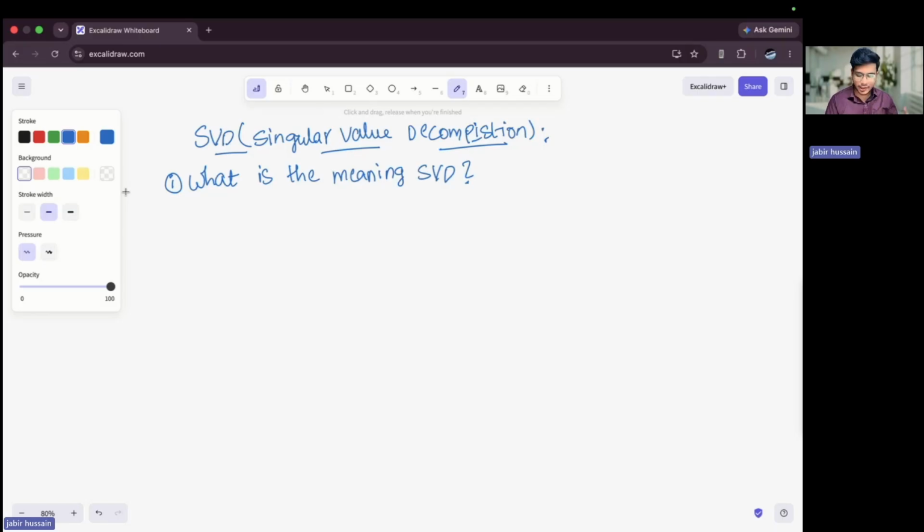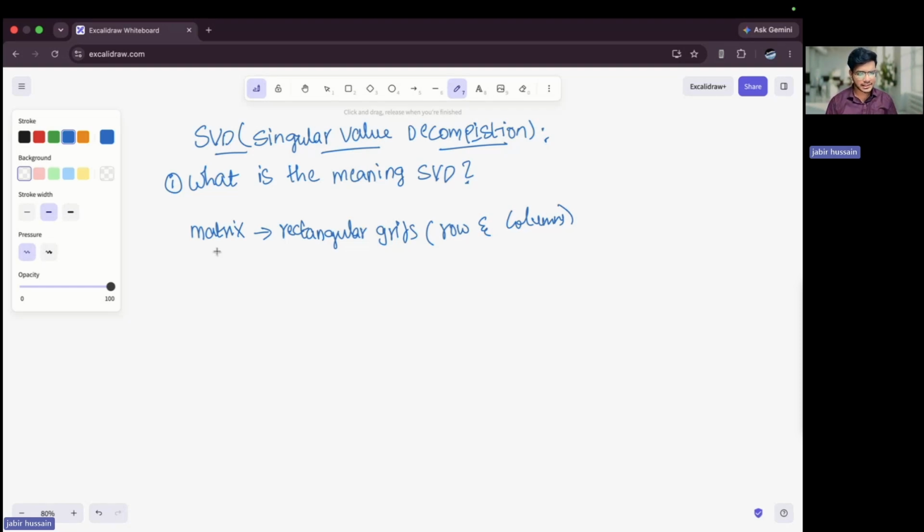A matrix is a rectangular grid in which we will have rows and columns. Rows and columns. And think of it as a spreadsheet, right? In a spreadsheet, we store numbers in each and every cell, and each row represents something, each column represents some sort of thing.